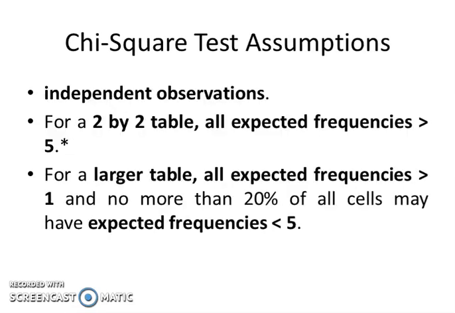Before we apply the chi-square test, there are certain assumptions which need to be fulfilled. Basically there are two assumptions of the chi-square test. First is independent observation. This is a very simple assumption which says the categories of a variable must be mutually exclusive. That means suppose you are measuring gender.